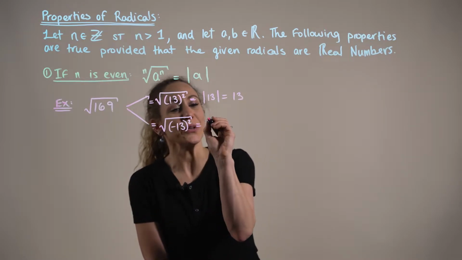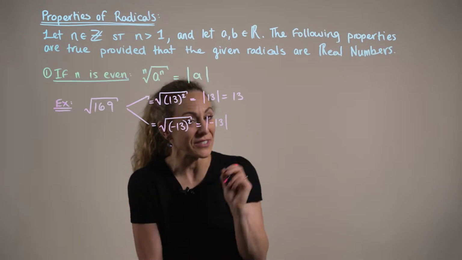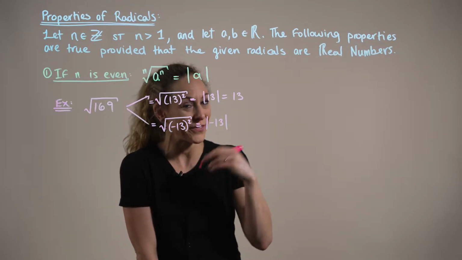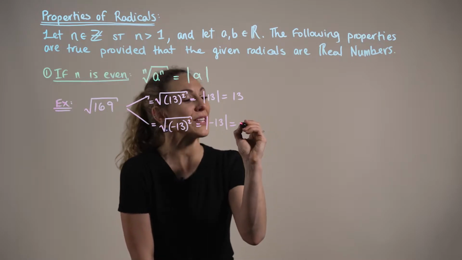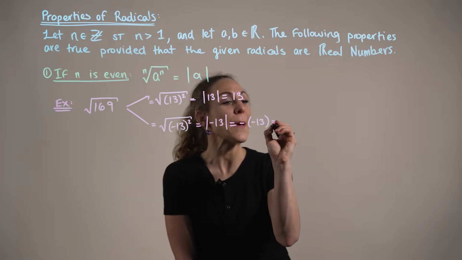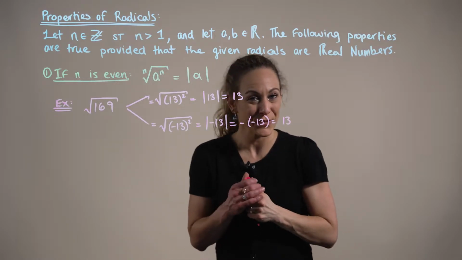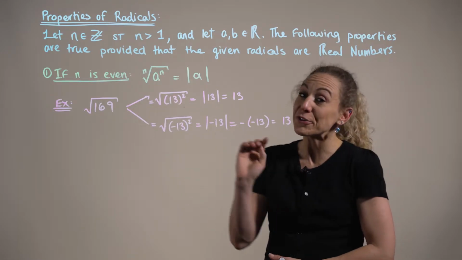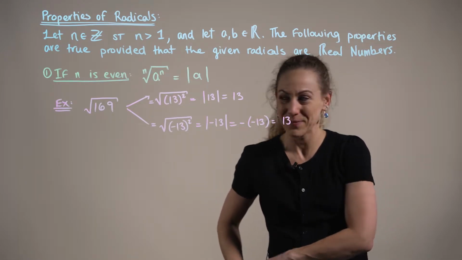Versus in case 2, since negative 13 is negative or less than 0, we know that the absolute value of negative 13 is going to be the opposite of negative 13. So negative times the negative produces positive 13. So in both cases, we attain the same answer, but again, we got there 2 very different ways.